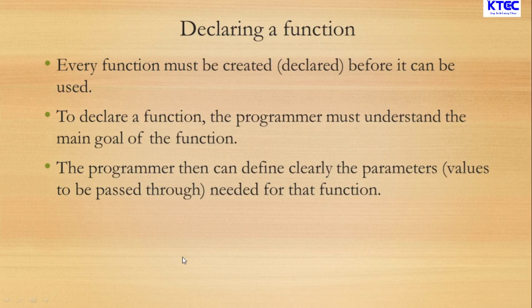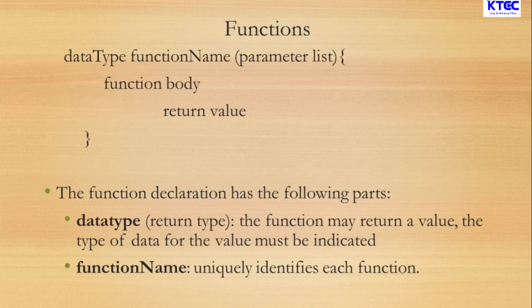The programmer then clearly defines the parameters, the values to be passed through, needed for that function. So before you write a function, you should know what you are writing and what the function is going to do for you. Then after that, if parameters are needed, you go ahead and input them. If you don't need any parameters, you can skip it and do the needful. So basically that is that.